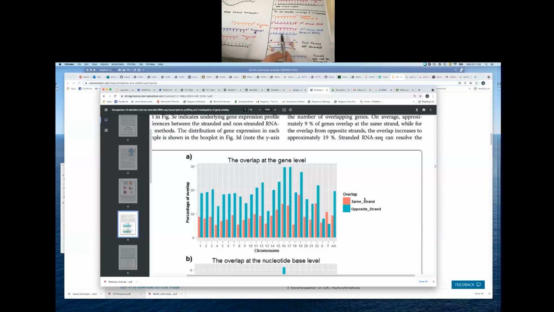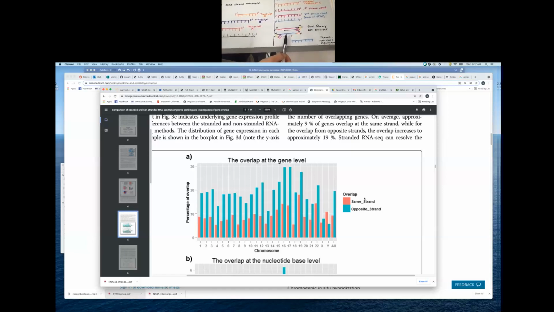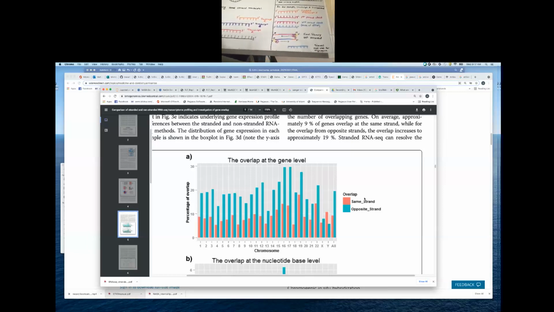So that means we still have T's in both copies. When we do that final PCR step, the polymerase we're using can read through T's, so it's able to transcribe in both directions. What we're left with when we go to sequence is both directions of our original template.